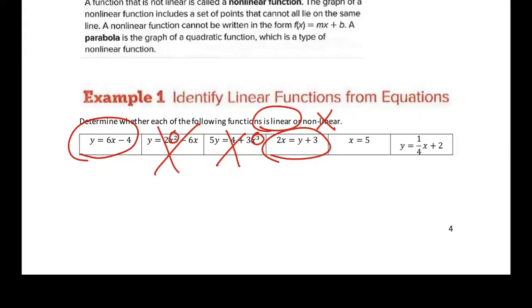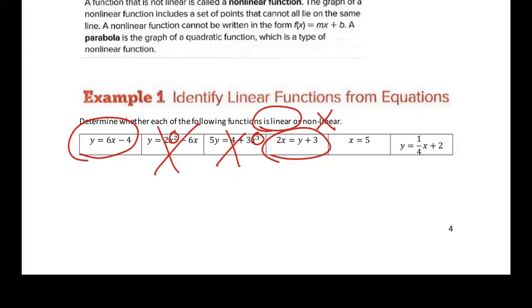There is no 1 on x or y. So why is that linear? There's a 1 understood. Yes. Okay. All right. How about the next one?